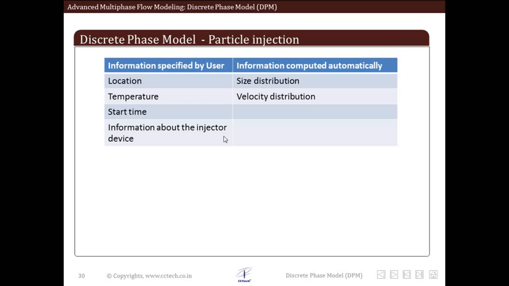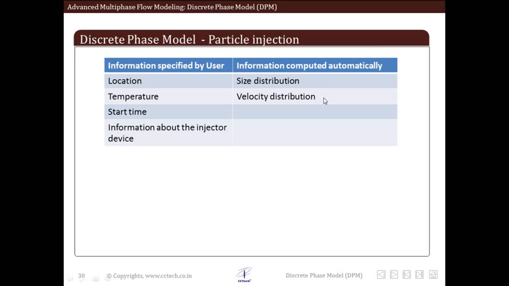Now, when we use automated injections, let us see what inputs we need to specify as users and what parameters are calculated automatically by Fluent. The information that users have to specify is location, temperature, starting time, and information about the injector device. Whereas the size distribution and velocity distribution are calculated by Fluent automatically.